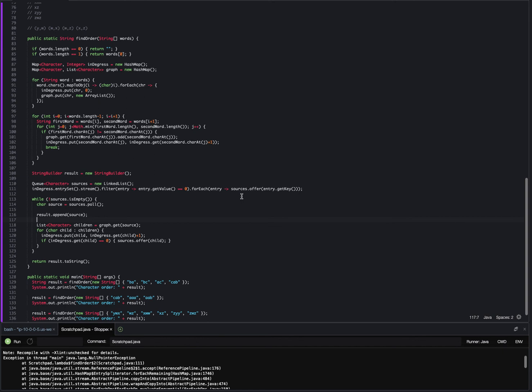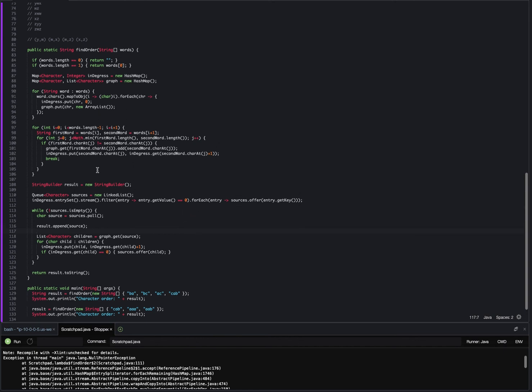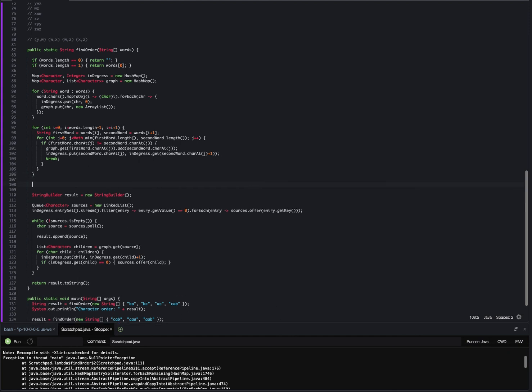So guessing this entry is coming out to be null. So maybe a good thing to print out would be the in-degrees themselves. So let's do that.